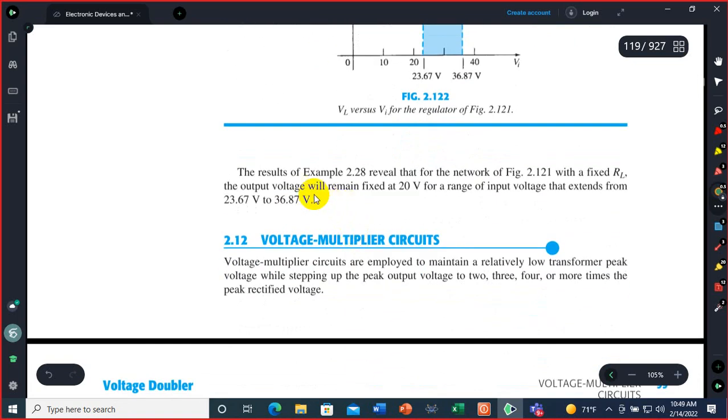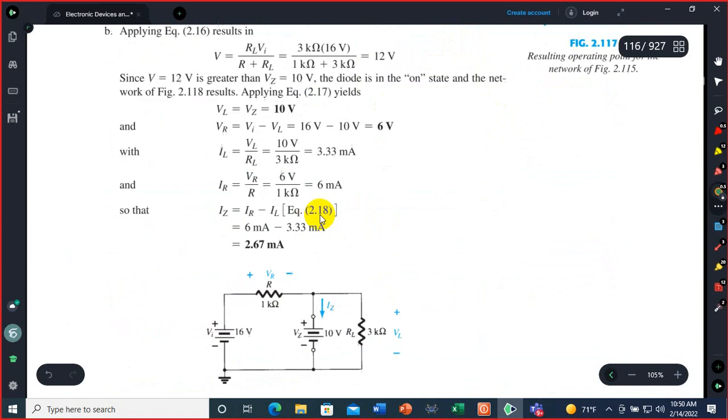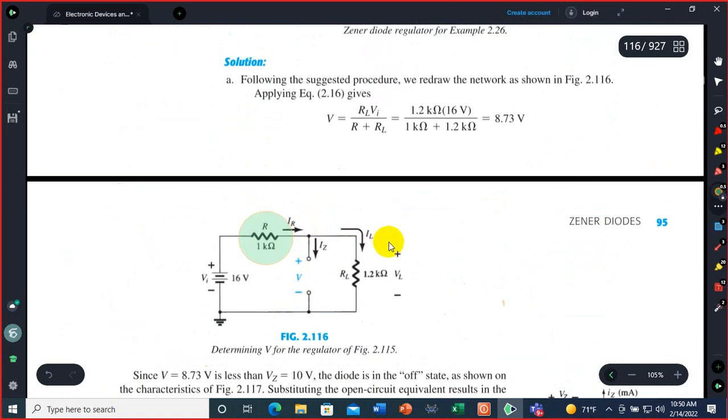So the results of this example reveal that for the network of the figure with a fixed RL, the output voltage will remain fixed at 20 volt for a range of input voltage extending from 23.67 volt to 36.87 volt. In our analysis, we have calculated the minimum and maximum range of input voltage and of the load resistance.